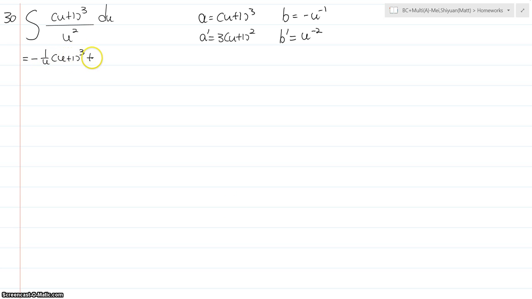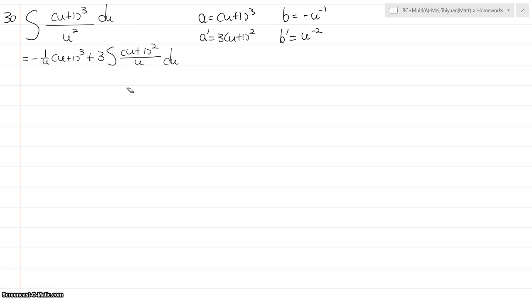It's plus because I take negative 3 out of the integral, so it's plus 3 times the integral of (u plus 1) squared over u du. Now we cannot really integrate this whole thing, so we need to use another integration by parts.